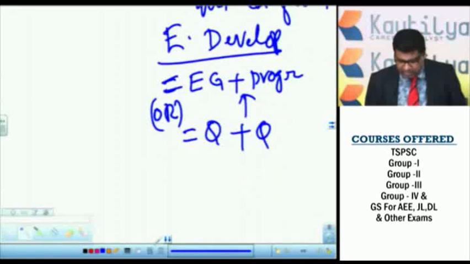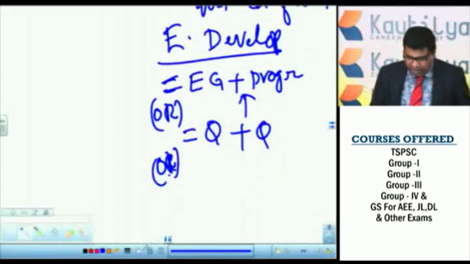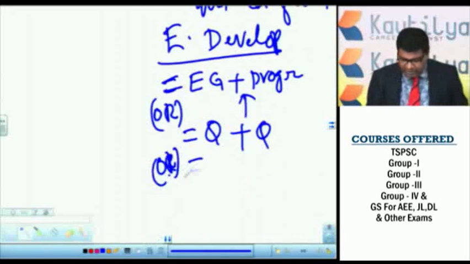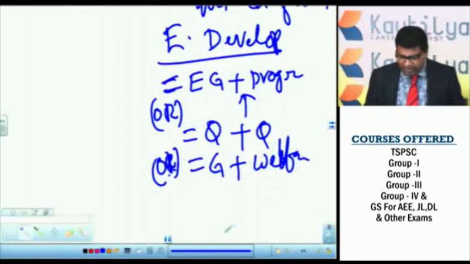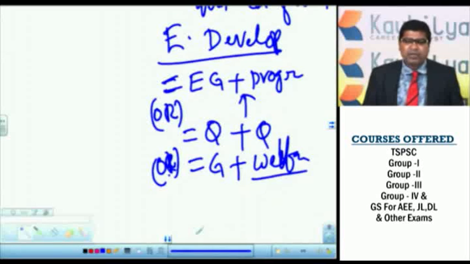In other words, economic development means economic growth plus welfare of the people, a welfare mechanism. Welfare of the people means welfare of the SCs and STs.